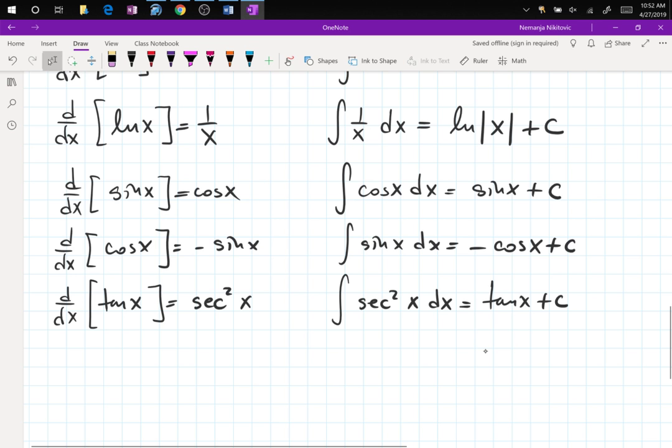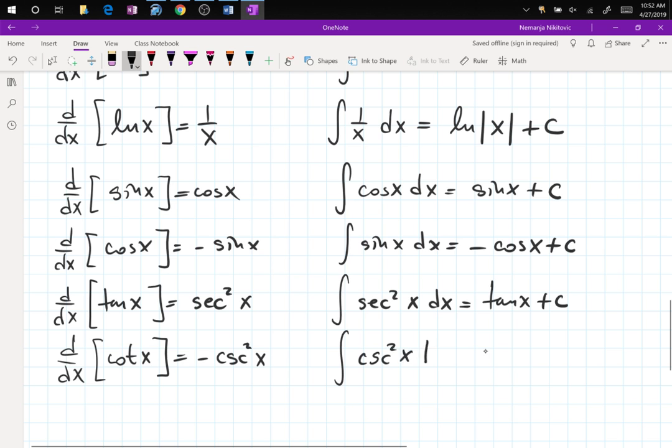But the integrals of secant, tangent, cosecant, and cotangent are not basic integrals, which is interesting. So the derivative of cotangent x is negative cosecant squared x, which means that the integral of cosecant squared x dx is negative cotangent x plus c.